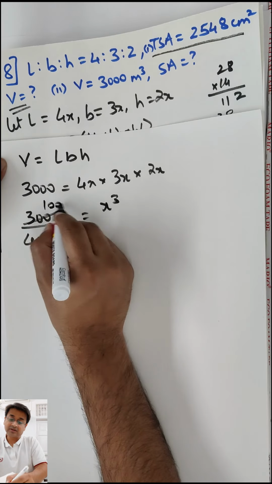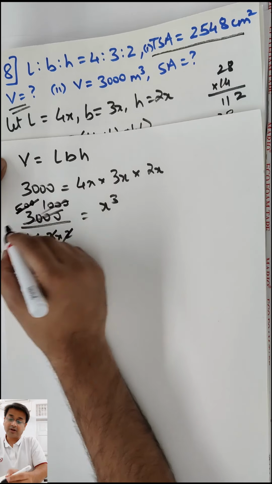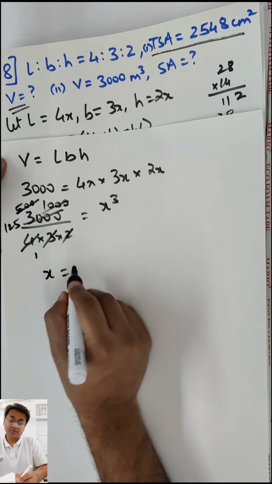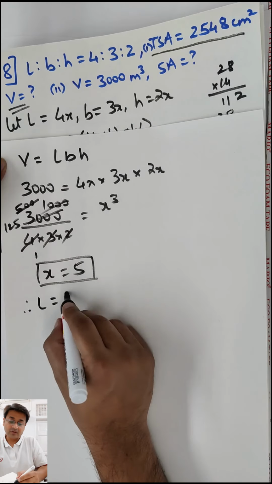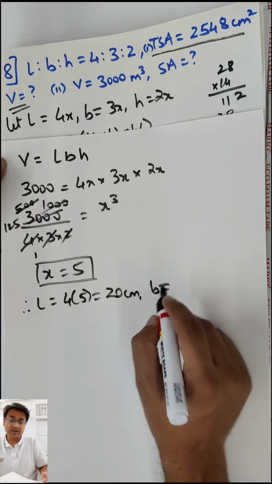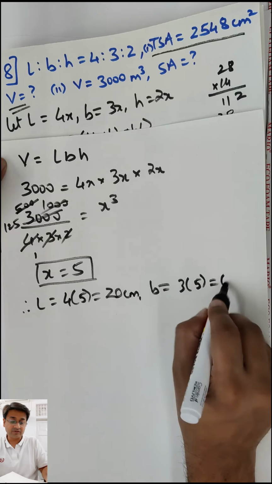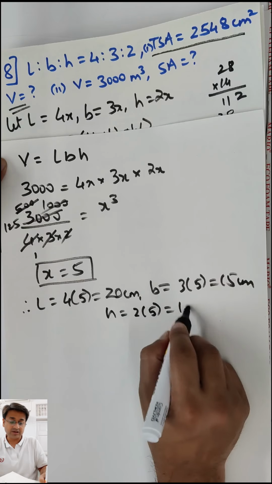So 3 ones 1000, 2 1 times 500, 4 1 times 125. So x becomes 5. So length is 4 into 5 20, breadth is 3 into 5 15, and height is 2 into 5 10.